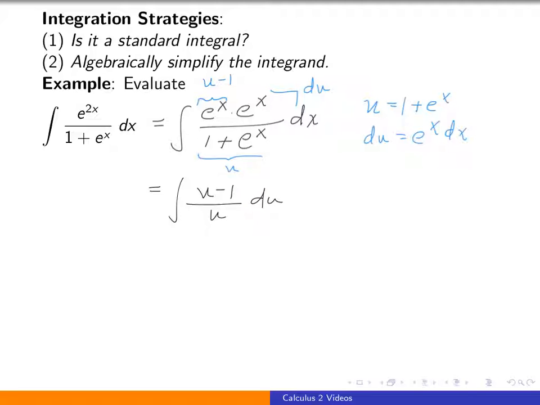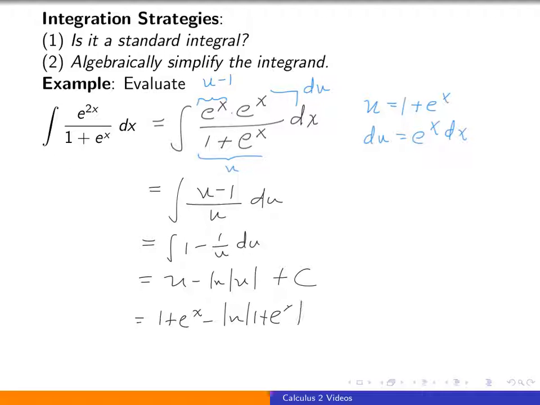And that is a much more reasonable integral for us to evaluate because it simplifies algebraically into just 1 minus 1 over u. The antiderivative is u minus ln of the absolute value of u plus c, and then we resubstitute in 1 plus e to the x minus the natural log of 1 plus e to the x plus c.